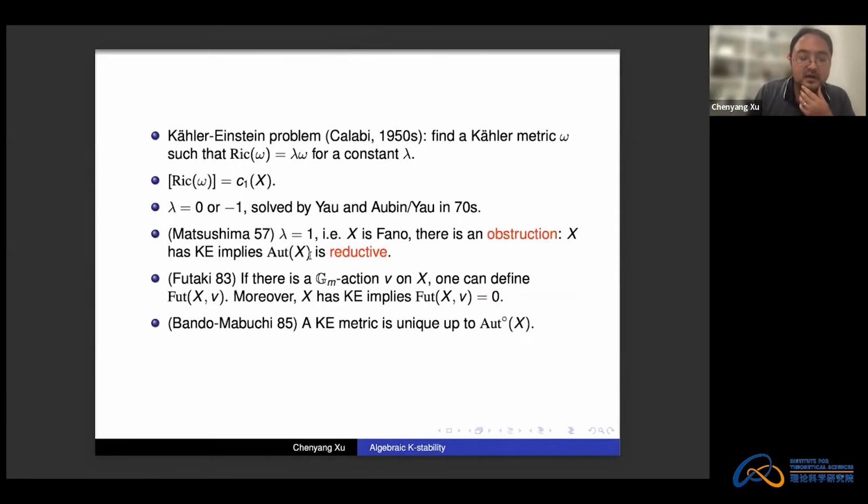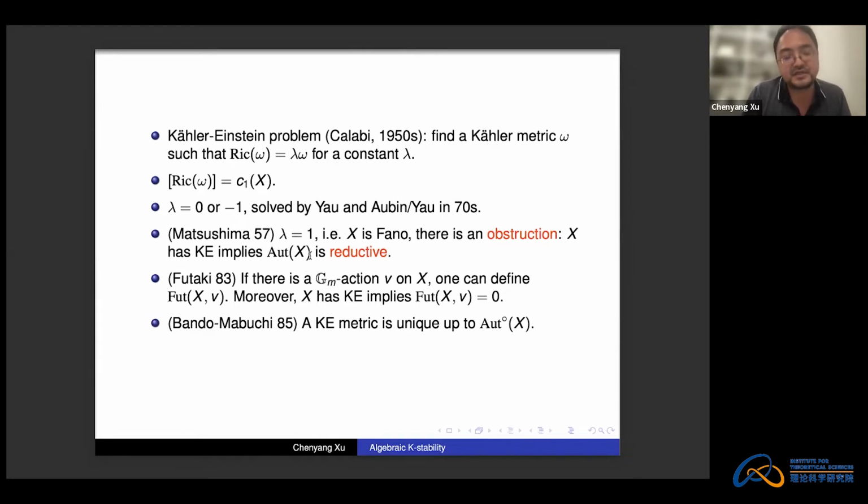In this trichotomy, with different signs of the Chern class, the kind of metric you want to search for is a Kähler-Einstein metric. So you want to find a Kähler metric omega satisfying an Einstein equation, which in the Kähler manifold case can be written as Rho omega equals lambda omega for some constant lambda.